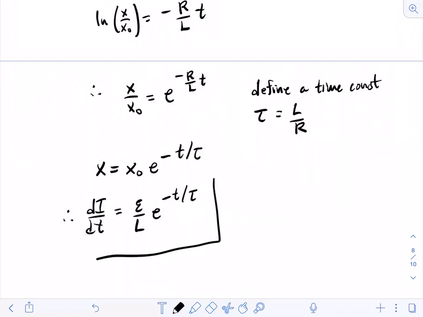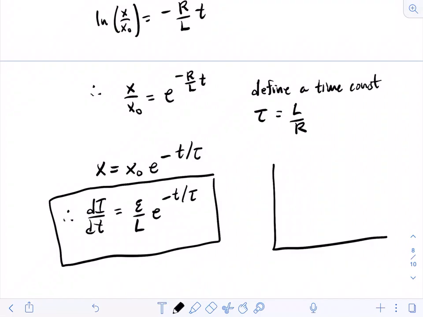And so what we have now is a solution for how the rate of change of current varies with time. So this is di dt, and here's t.